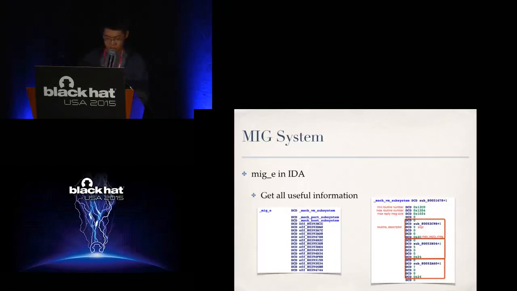If we take an example here, the Mach VM subsystem, at the beginning there's the minimal message ID and the minimal routine number. Actually, this is the message ID set in the mach_msg function, and there's also a maximum. After that, there's an array of the functions.